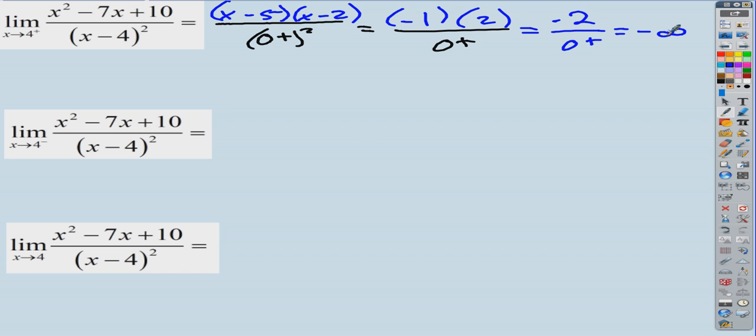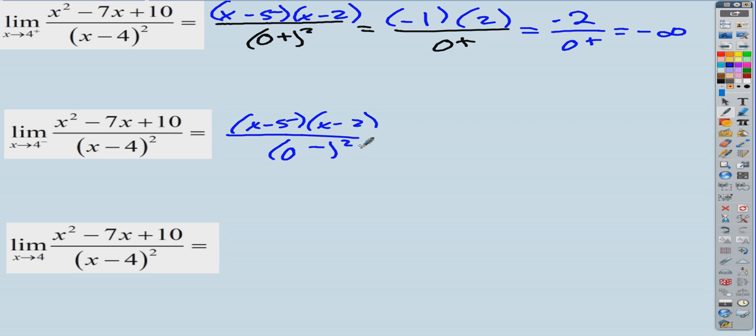Okay, same thing here. The work's going to look very much the same on the top. If we factor that, we get x minus 5, x minus 2. What do I get on the bottom if I evaluate this at 4 minus? 0 negative squared.